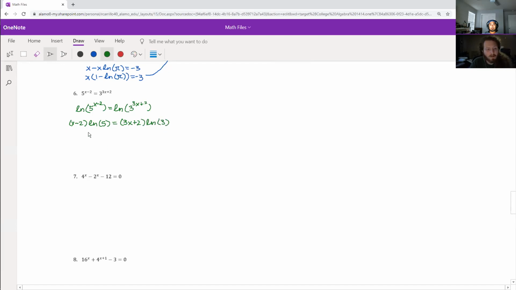All right. So same idea. From the previous problem, I'm going to distribute everything around. So we will get x ln 5 minus 2 ln 5 will be equal to 3x ln 3 plus 2 ln 3.